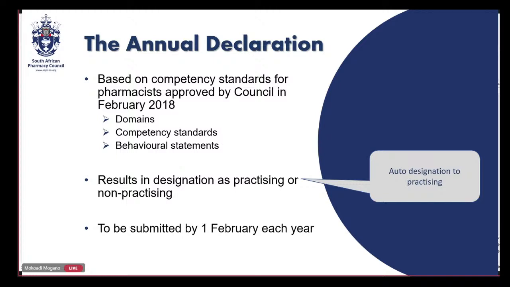For instance, if a pharmacist complied with CPD requirements in 2020, and they fail to designate themselves as either practicing or non-practicing by the 1st of February of the next year, we would designate that pharmacist as practicing, and they will be required to comply with CPD requirements for the new year.